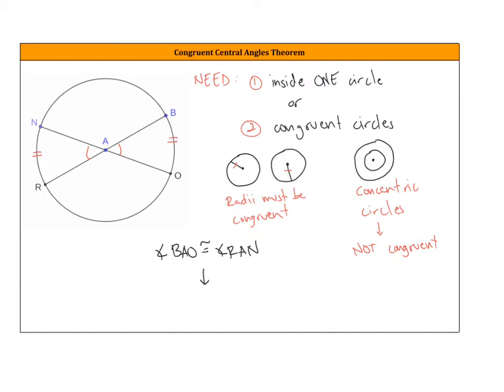In other words, arc BO will be congruent to arc RN.